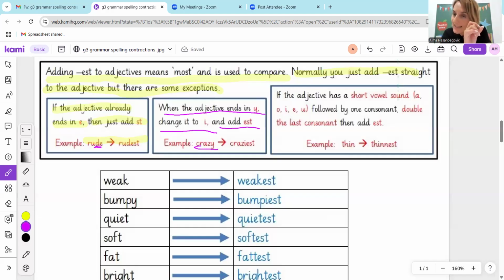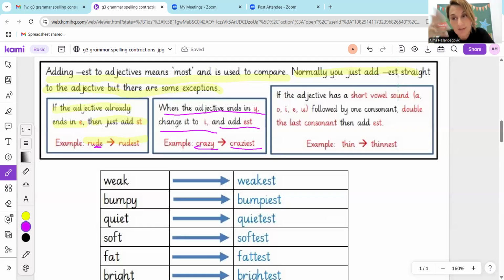Notice how the word crazy ends with y, right? And that y changes into an i, and then we add est. So crazy becomes craziest.